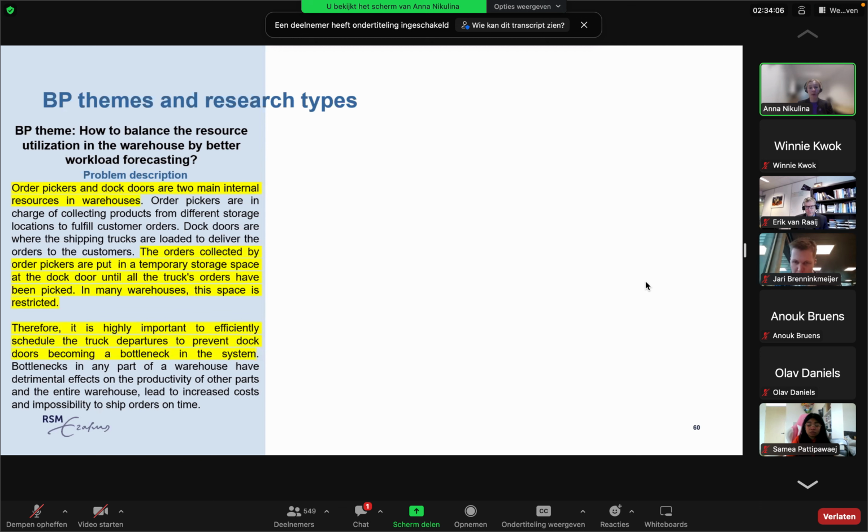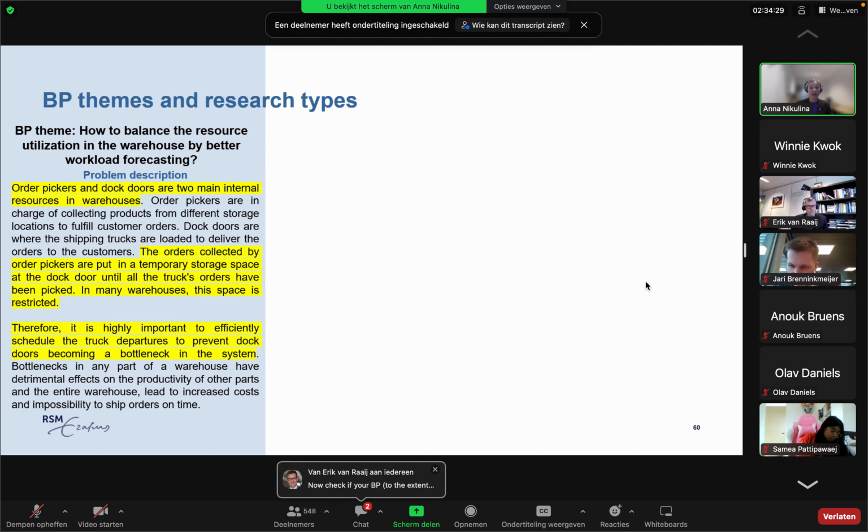The problem was that there is no harmony and optimization between these two processes, which leads to, most of the time, the trucks having to wait a long time until the load is full, for example, or a problem with warehouse space that you cannot maximize the use of if the processes are not in harmony.